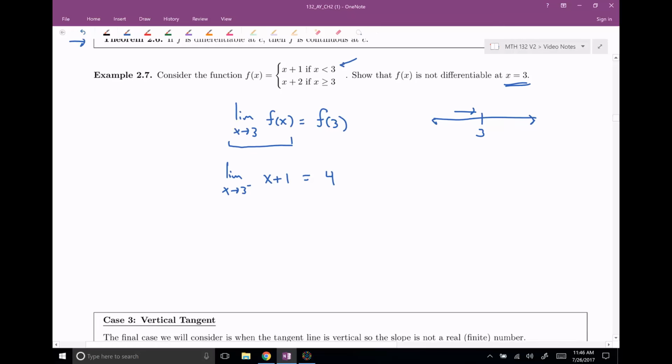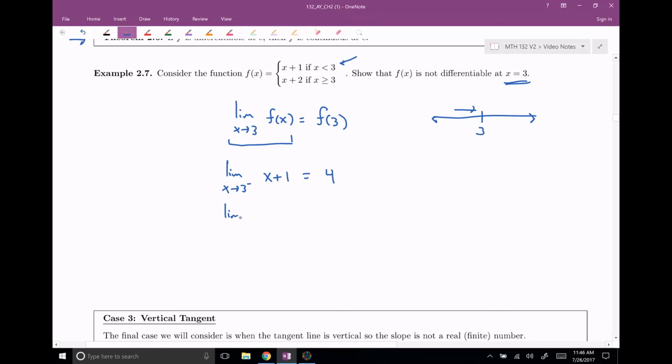and that gives me a value of 4. On the other hand, if I'm approaching 3 from the right, these are values bigger than 3, things like 4 or 5, 3.1, 3.01, getting closer and closer to 3. That's when x is larger than 3, so my function is determined by x plus 2.